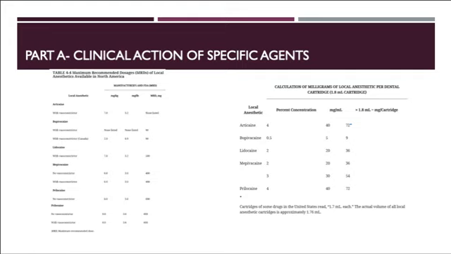Now, a drug's maximum dose is a dose that should not be exceeded. Even the absolute maximum dose should not be exceeded, even if the patient's maximum dose relative to their weight is higher. So let me give you an example to clarify that. Let's say that we had a 400-pound patient. Their maximum recommended dose for lidocaine would be calculated by their weight, right? It would be calculated by taking 400 and multiplying that by 3.2.